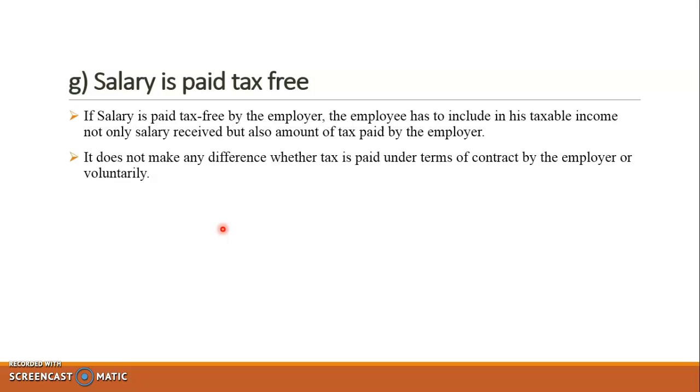Sometimes what happens, एम्प्लॉयर पूरा का पूरा 85,000 ही देता है. कहता है जो आपका ऊपर का टैक्स है ना वो हम अपने आप देख लेंगे, हम अपने आप पे कर लेंगे, हम आपको पूरा का पूरा अमाउंट दे रहे हैं 85,000. अगर कोई ऐसा केस होता है जिसमें एम्प्लॉय को टैक्स फ्री सैलरी पे करी जाती है तो उसमें एम्प्लॉयर की ड्यूटी है कि वो क्या करे, जो रिसीव हो रहा है टैक्स plus whatever tax is being paid by the employer on his behalf, वो सब ऐड होगा और उसके बाद वो जो टैक्स पे कर दिया वो आपका ऑटोमेटिकली वहां पे आ जाएगा कि your employer has paid that much tax. तो आपको जो सैलरी 85,000 per month मिली थी वो पूरी की पूरी आपको फ्री हो जाएगी.